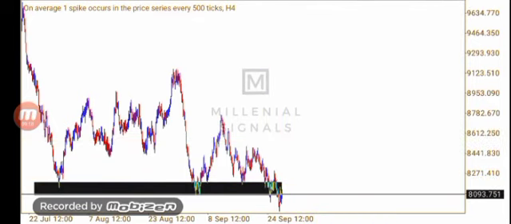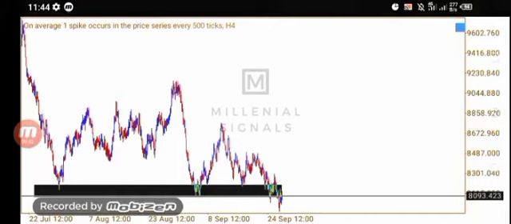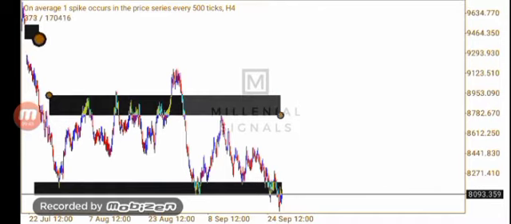So the area that I've highlighted below is what you call support, and you expect buyers to take price up, to push price up when our market reaches this point. Another area of importance on the chart right now, looking at it with my naked eye, is this.